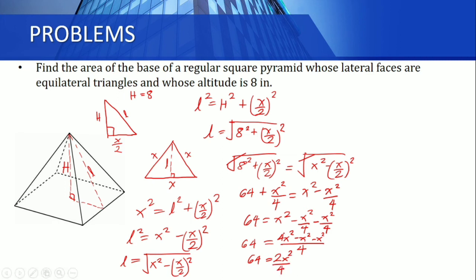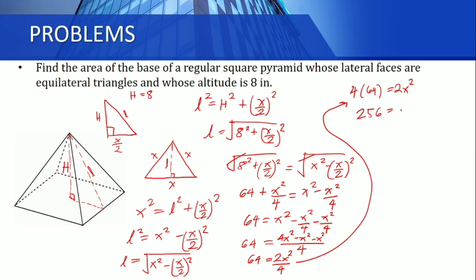So, para makuha natin yung x squared, cross multiply natin. So, that will be 4 times 64 is equal to 2x squared. So, 4 times 64, 256 is equal to 2x squared. So, divide pa natin ng 2 both sides. So, that will be x squared is equal to 128. So, square root natin yan, x na lang matitira.